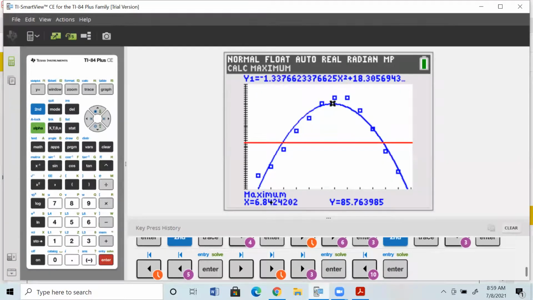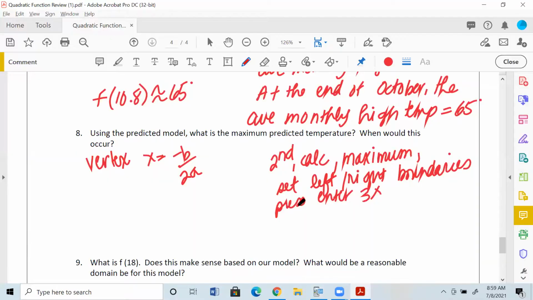And so our point here is 6.84. Maybe we'll just say 6.8 and 85.8. So that's the ordered pair.